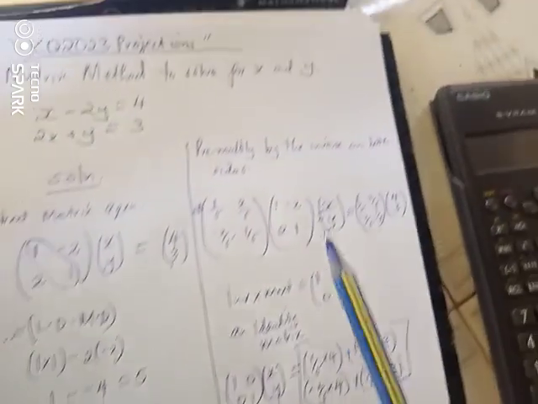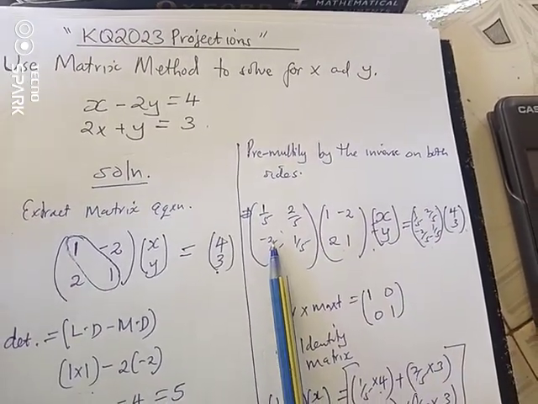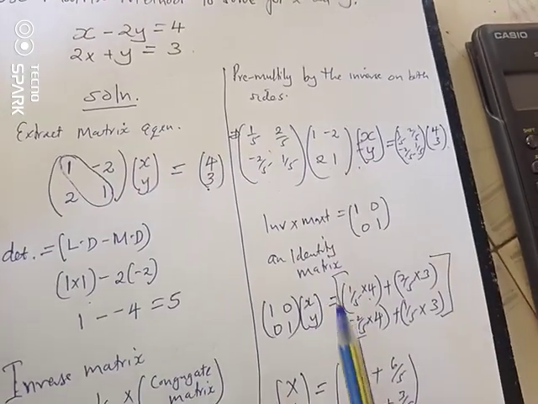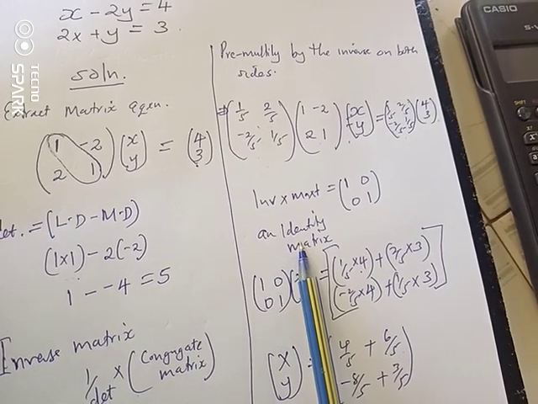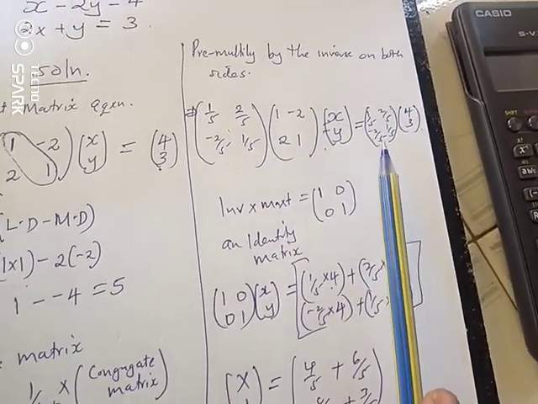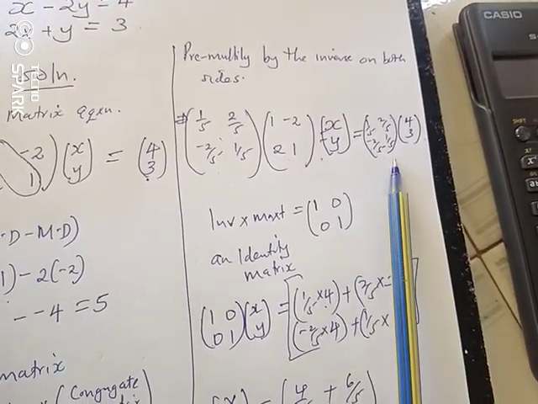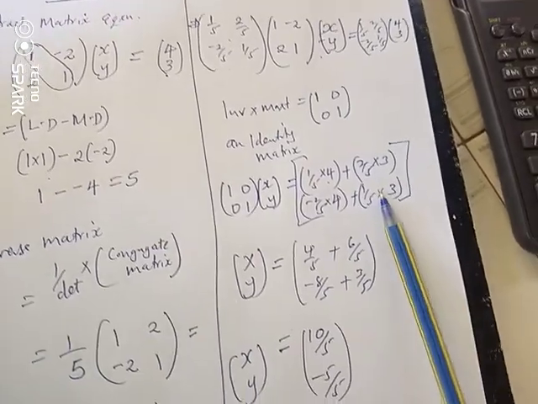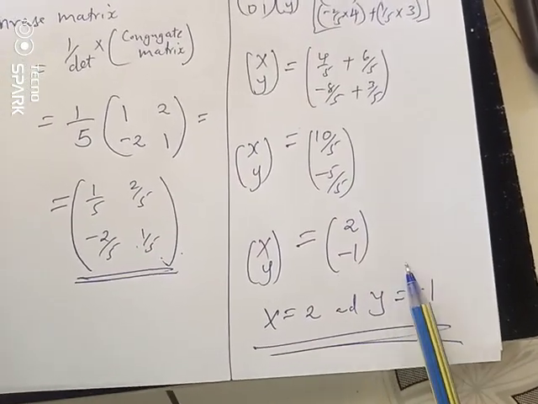After getting your inverse, pre-multiply on both sides. Then, of course, the idea of identity matrix, so you don't need to disturb yourself doing this. The part we have to be keen with is the part on the right side where we have the products. Work it out keenly and get the values of the unknowns.